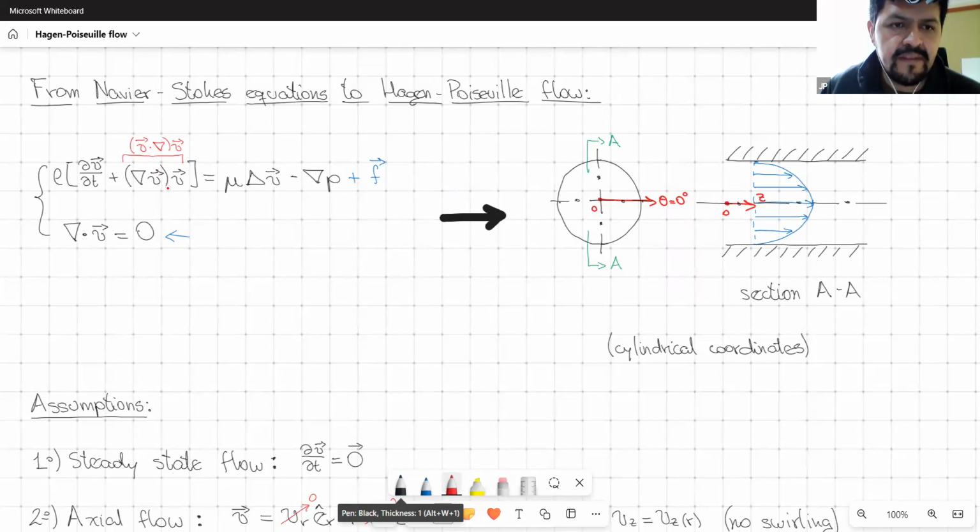This is a little bit different to what usually is in the books. This is the usual term that you have for the convective, called the transport term. But as we will see next in a different video, this is the right way in which this term should be written at all times.